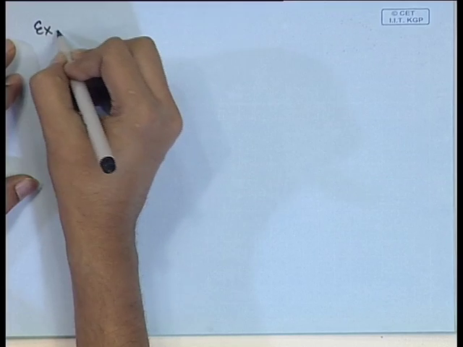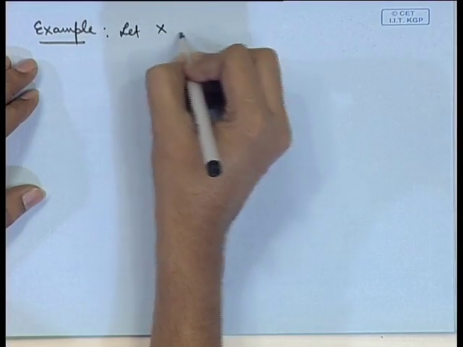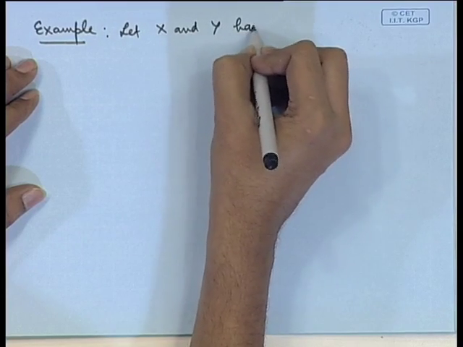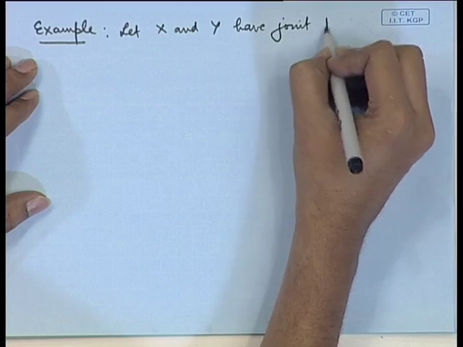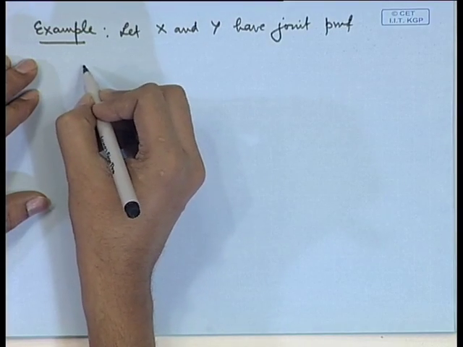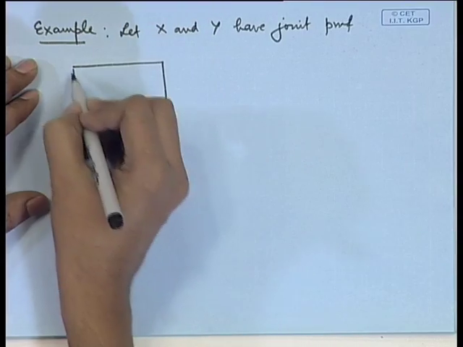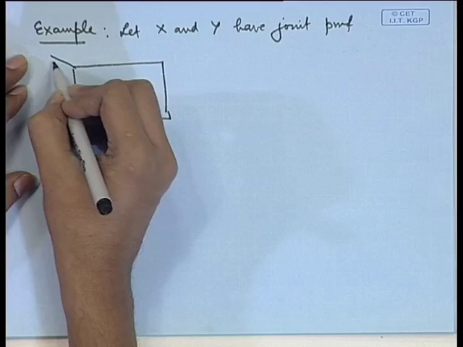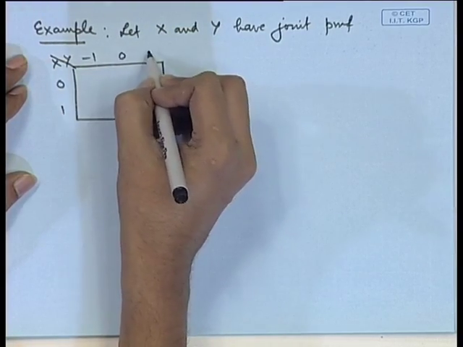Let us look at the converse of it. Let x and y have joint PMF as follows: x is taking values 0, 1, y is taking values minus 1, 0 and 1.